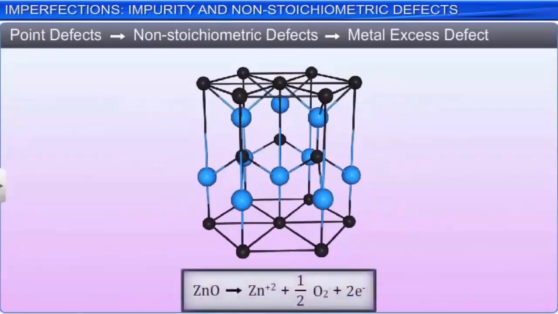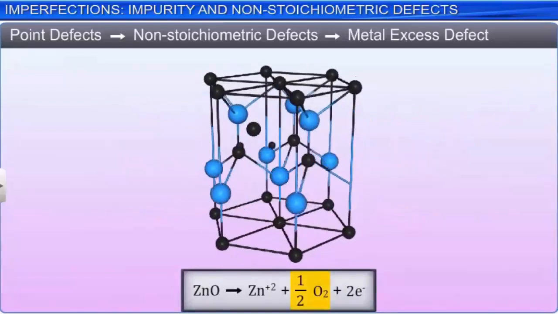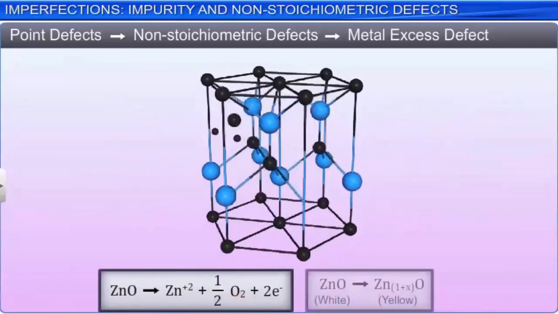On heating, it loses oxygen and turns yellow. Now there is an excess of zinc in the crystal and its formula changes from ZnO to Zn1+xO. The excess zinc 2+ ions move to the interstitial sites and the electrons to the neighboring interstitial sites.